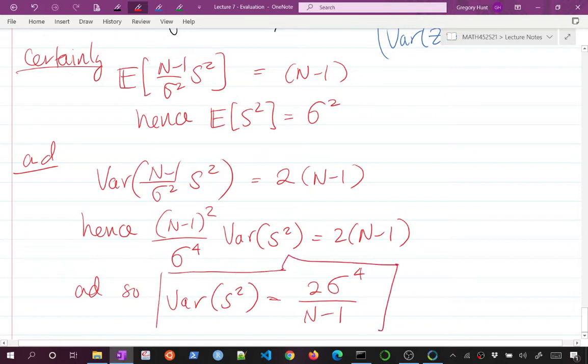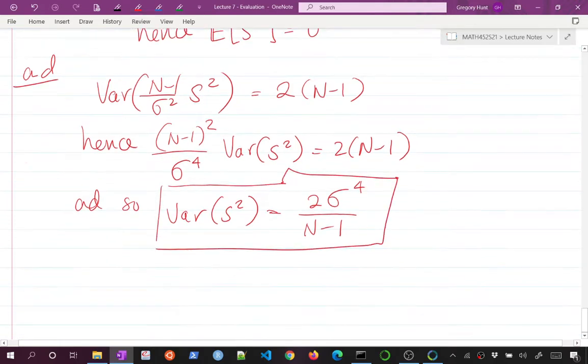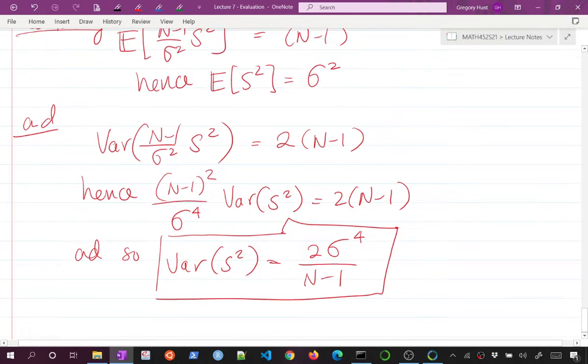So this is a cute little fact that you'll see for normal distributions. The variance of the sample variance seems weird to say, but the sample variance, this s squared, is just some random variable. It's a formula we call the sample variance because it is particularly good at estimating the variance, generally speaking. But it's a random variable, it has a variance, and its variance, if the data is normal, is 2 sigma to the 4th over n minus 1.